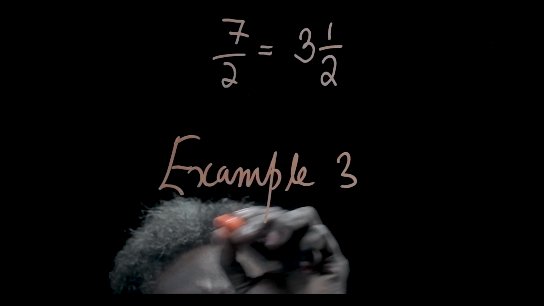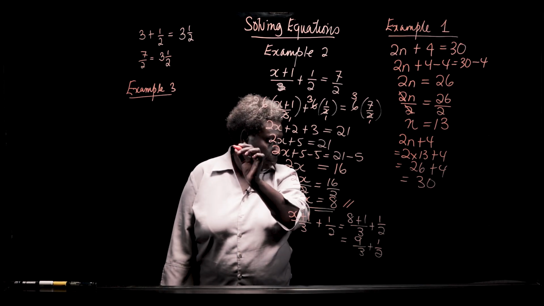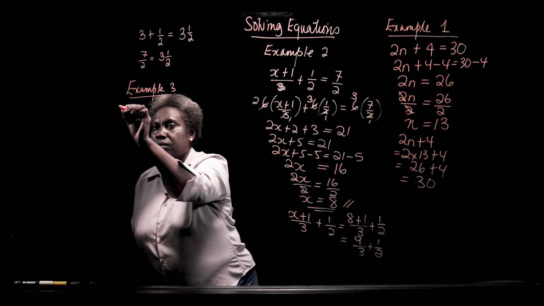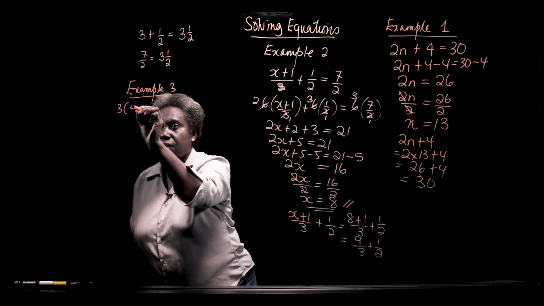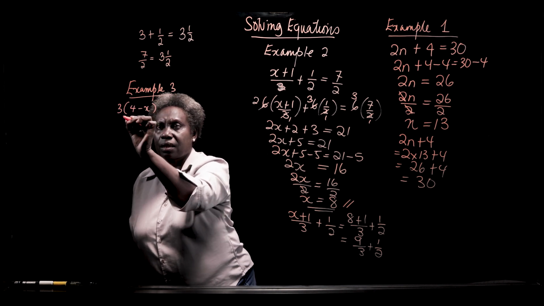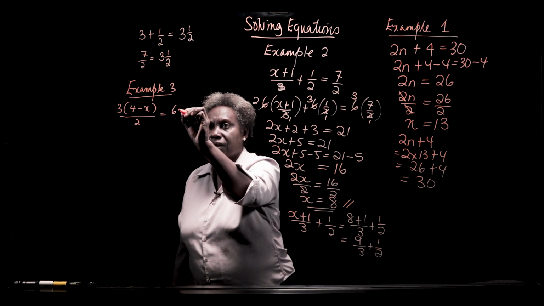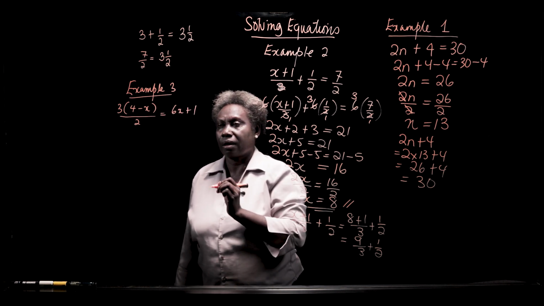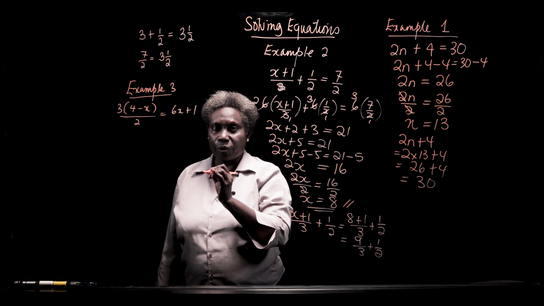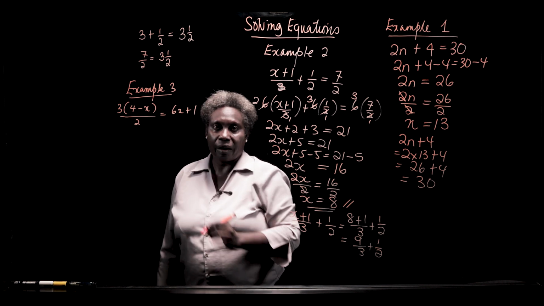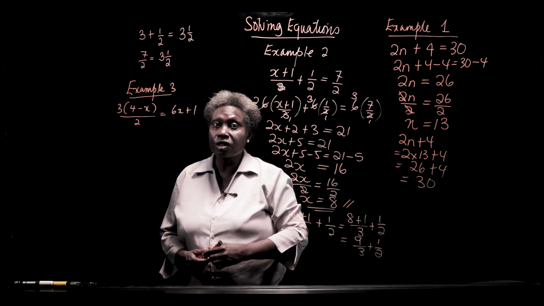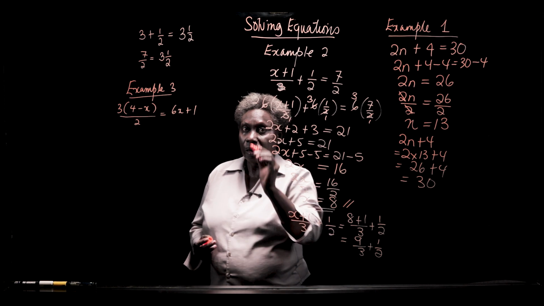Okay, example 3. We have 3 times 4 minus x over 2 is equal to 6x plus 1. The first thing that we do when we have brackets and fractions involved is to get rid of the bracket.